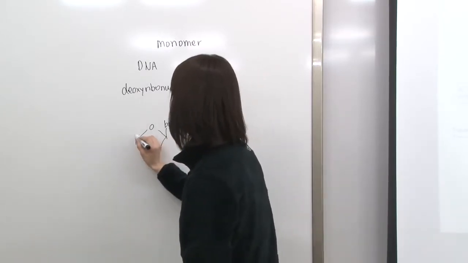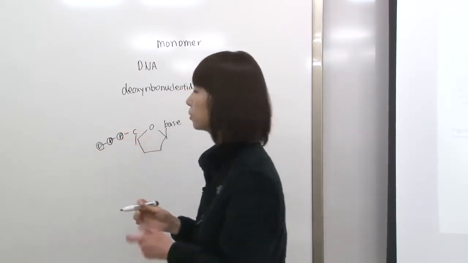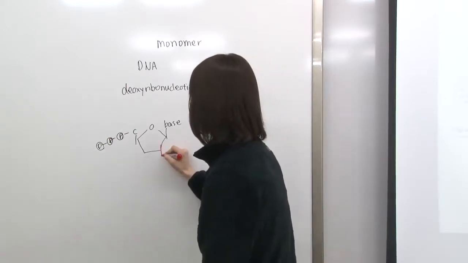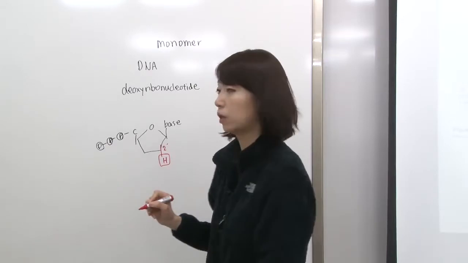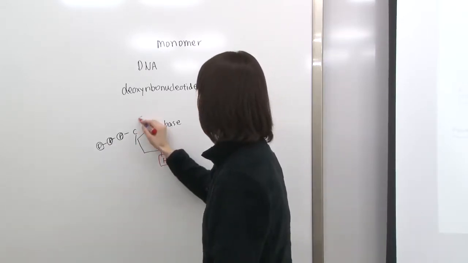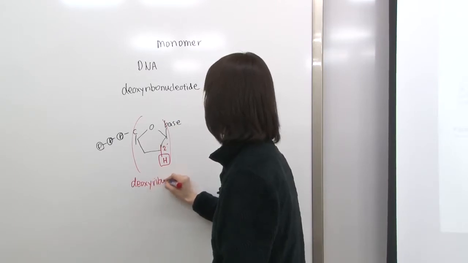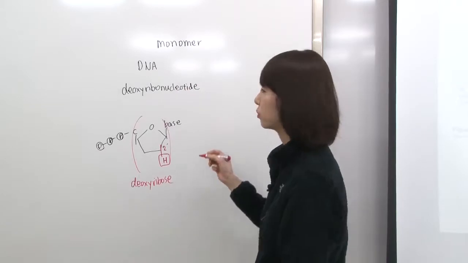Okay? And then it has phosphate groups like this, right? So for DNA, first of all, the second carbon, 1, 2, actually has H instead of OH. So this part is deoxyribose. Another one is that the base for DNA is 4 different ones, right?